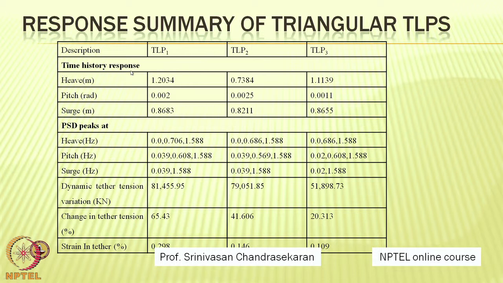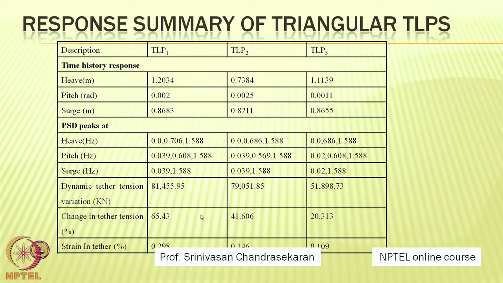Both time history response are given for heave, pitch and surge degrees of freedom. So, one can see here that the power spectral density peaks in heave occur at different frequencies, for pitch at different frequencies and surge at different frequencies as seen here for all the 3 TLPs.